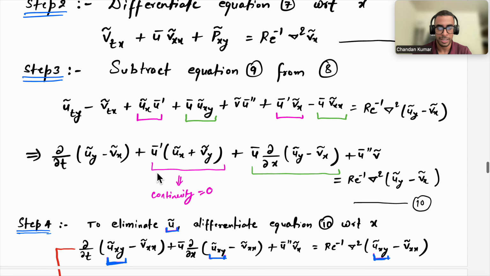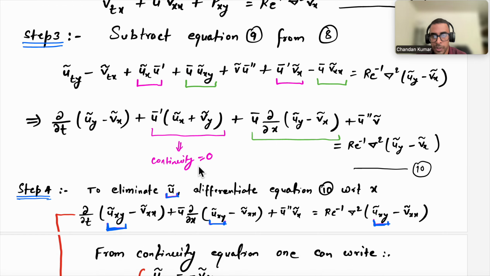Considering this particular term, we can see that the terms in the bracket are basically the continuity equation, so that will go to 0.